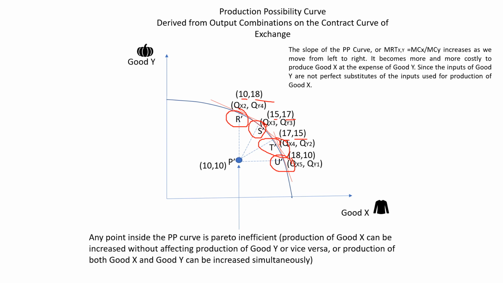So progressively the amount of sacrifice that we are going to have to make to be able to increase the production of the other good will tend to increase, and as a consequence, if you were to look at it from the origin, the production possibility curve has a concave shape. The production possibility curve is concave in nature because of the lower and lower efficiency of inputs as they get transferred from one commodity to the production of the other commodity.